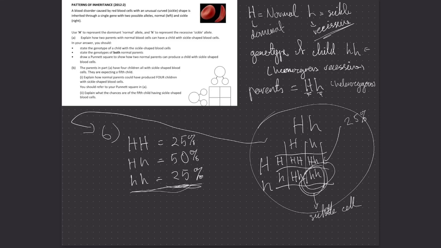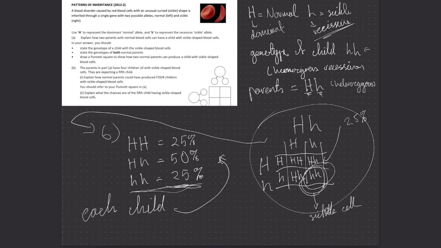Well, it is only a 25% chance. It doesn't mean that 25% of the offspring will have it. So each child, okay, has these probabilities, independent of the other children. If you have 4 children, you're not going to get all 4 of these opportunities, or all 4 of these genotypes, sorry.